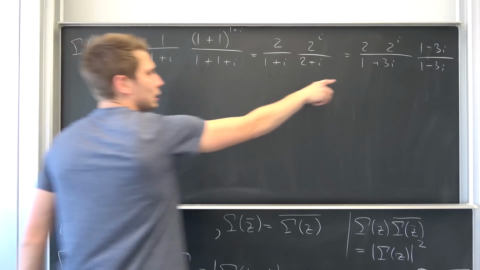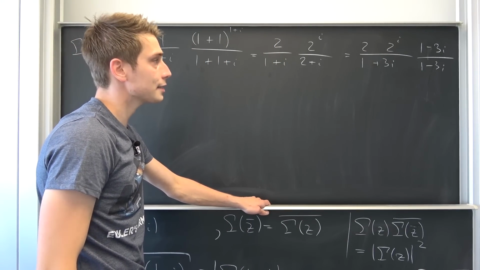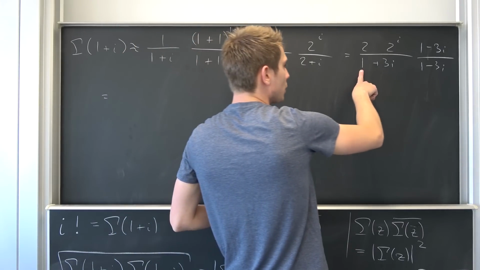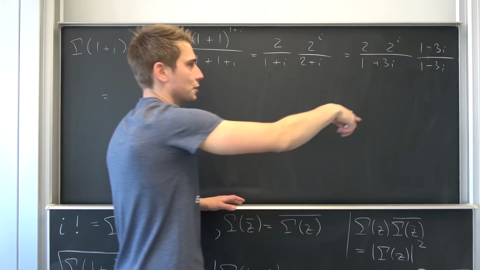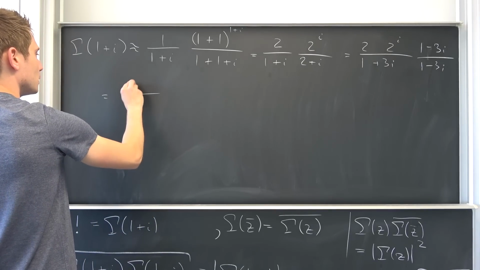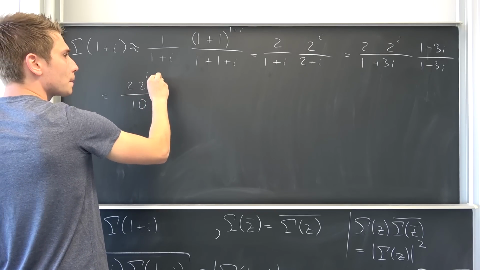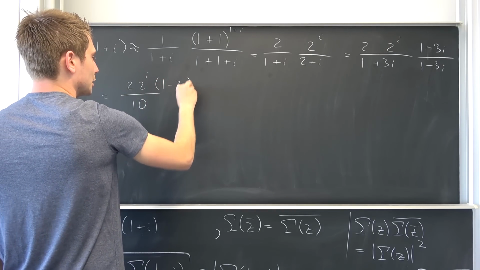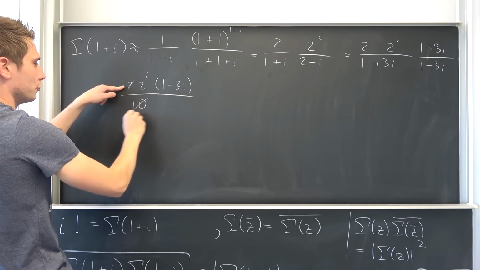Meaning, down here we are going to get the modulus squared, so 1 squared plus 3 squared is nothing but 10 in this case. So 2 over 10 down here, 2 to the i power, and then 1 minus 3i. Now 2 and 10 is going to cancel out to 1/5.